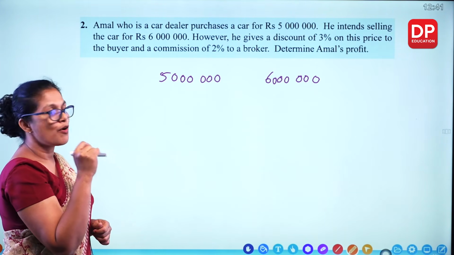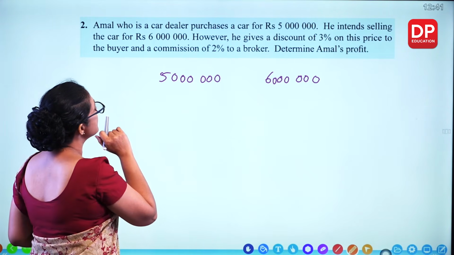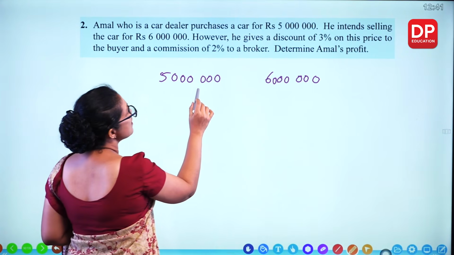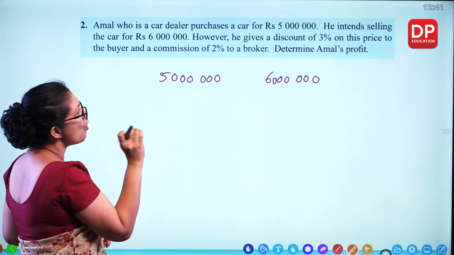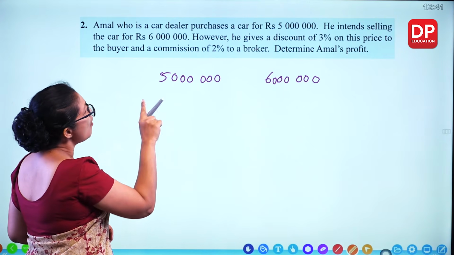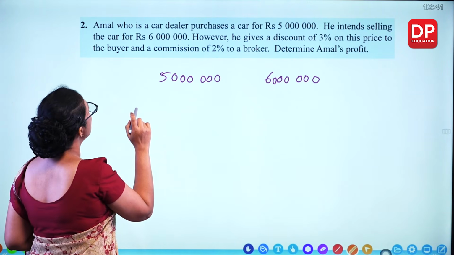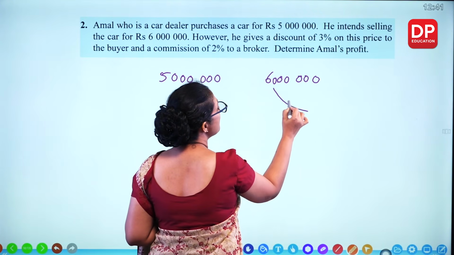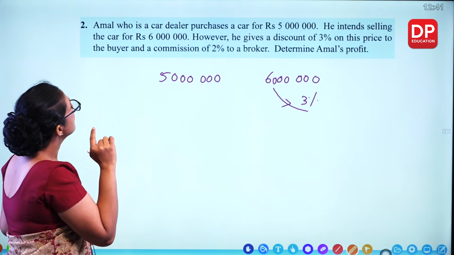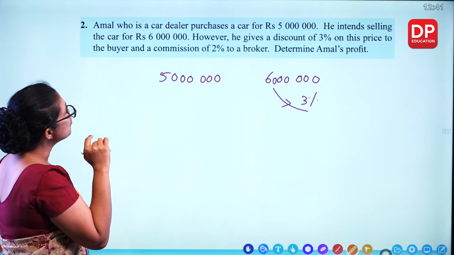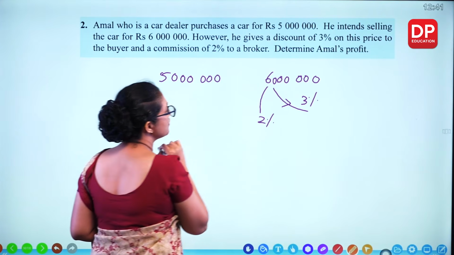Determine Amal's profit. So this is the buying price. Now this is the price he wants to sell, but however he gives a discount of 3% on the price to the buyer. So 3% from that. A commission of 2% to the broker. So 2% also given to the broker.